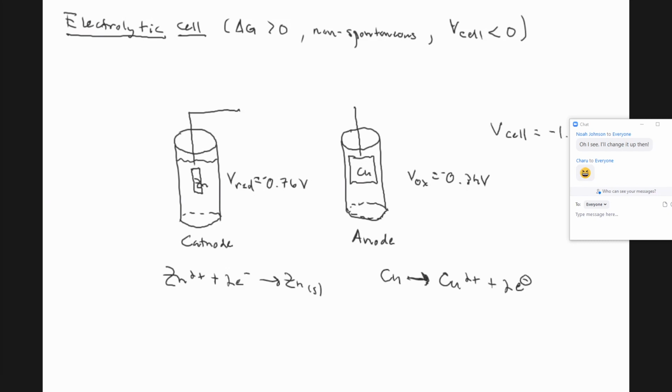So how do we overcome that? So for electrolytic cells, we need to add a battery, an external battery, to drive the reactions and drive the electrons back to the cathode side of the reaction.